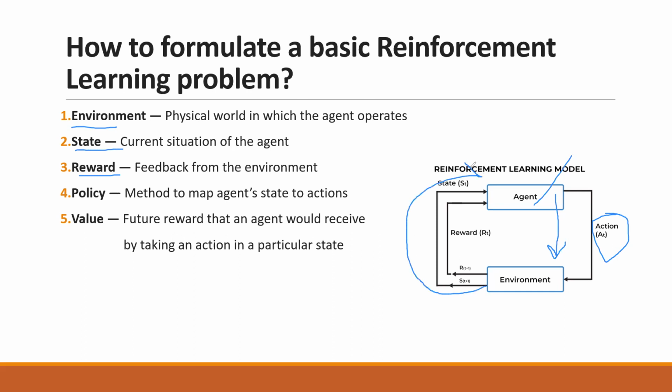Whenever we are mapping the values, we need to assign some policy. And last is the value. Value is the future reward an agent would receive by taking an action in a particular state. So this is how you can define a reinforcement learning problem.